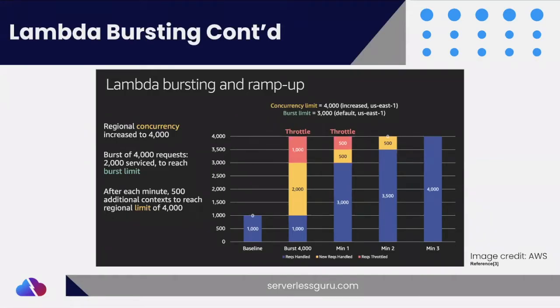Those different architectural patterns may be a topic for another talk. So we ran two tests and realized there are two types of limits put in place by AWS. The first one was the regional limit, and the second one was the burst limit.